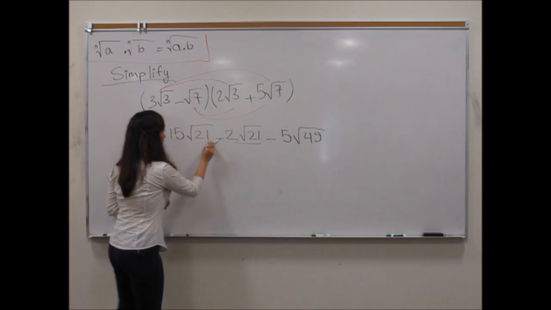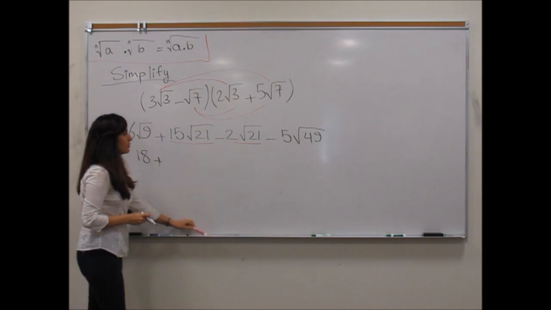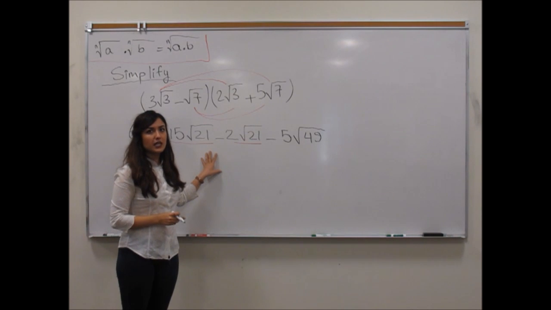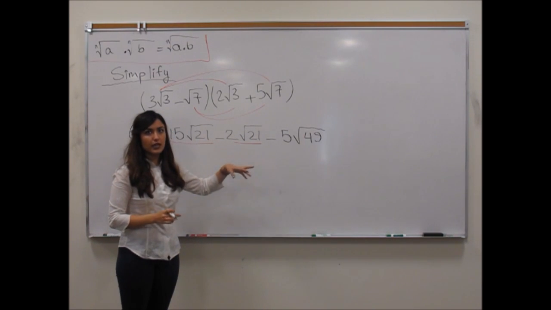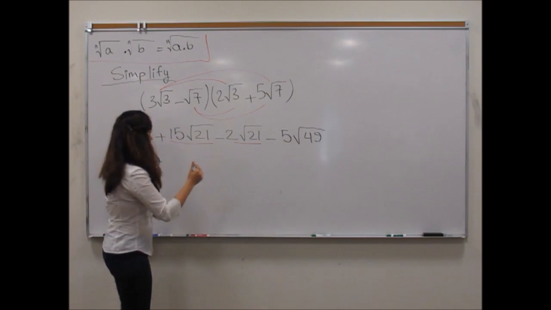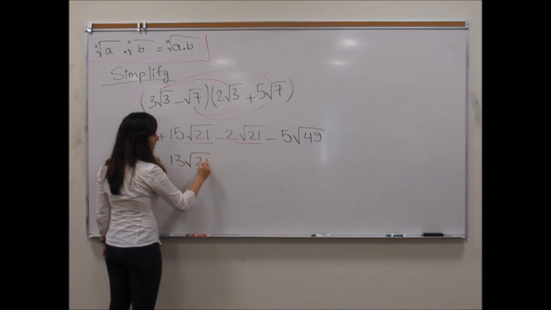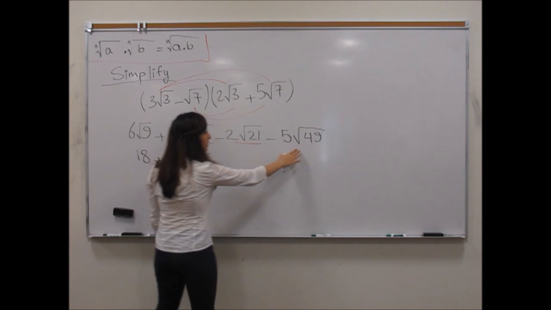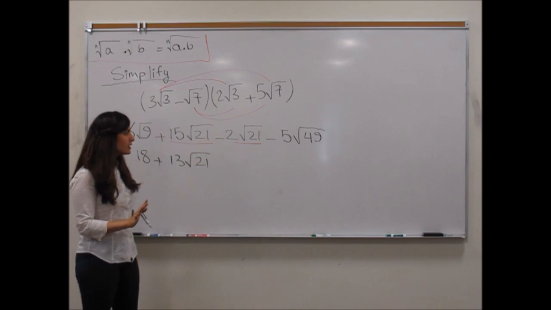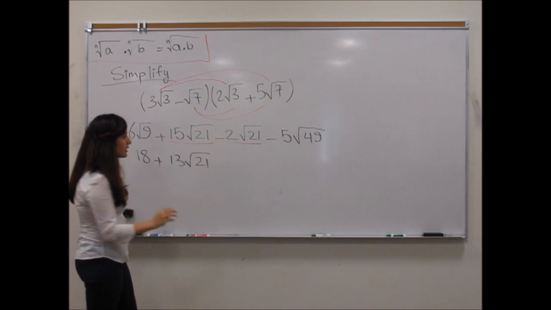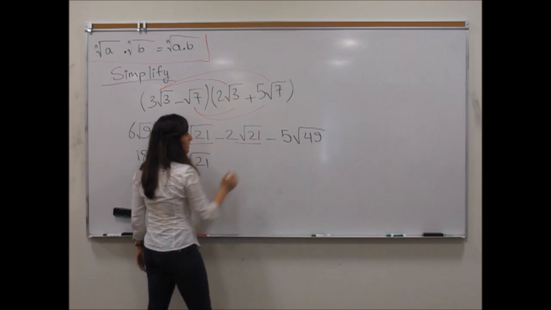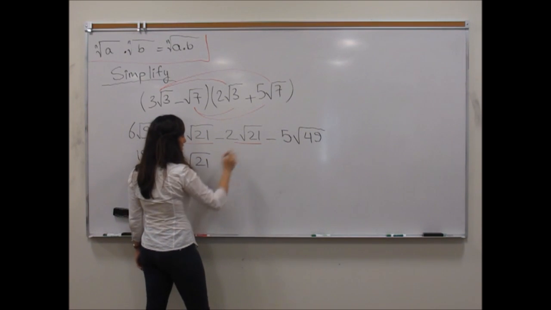This is like 15 of something minus 2 of something, so that gives me 13 of that something. So I have 13 rad21, and then rad49 is 7, and 7 leaves the radical and gets multiplied by the 5. 5 times 7 is 35, and it's a negative, so negative 35.